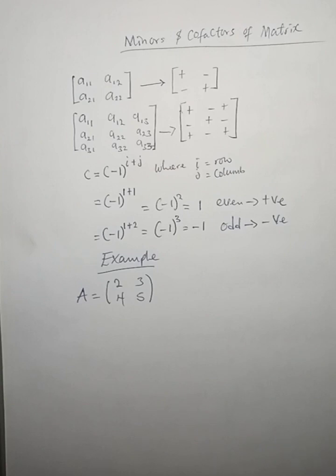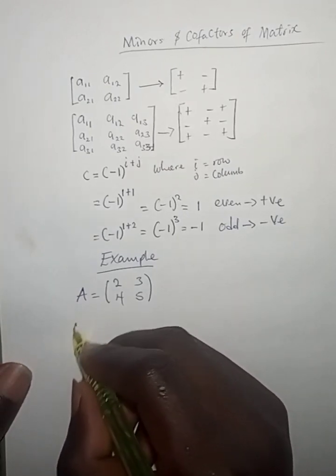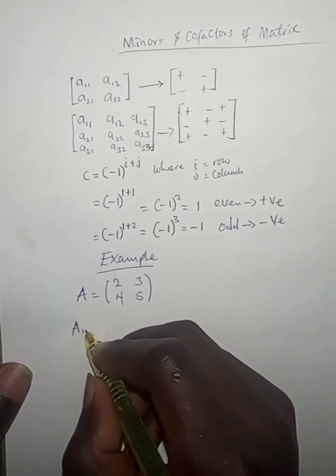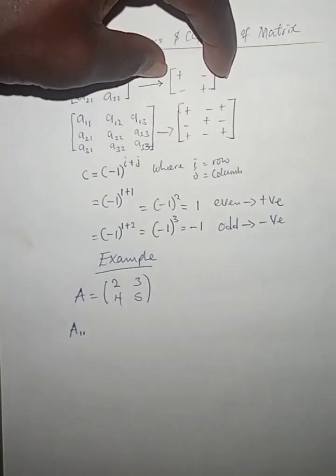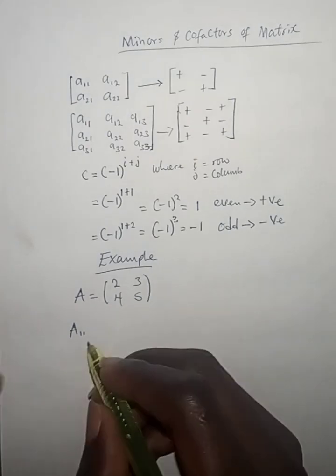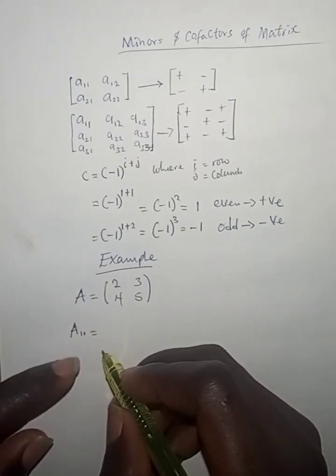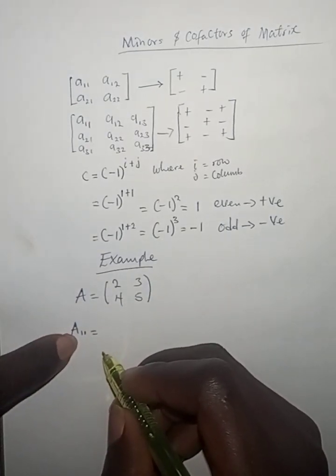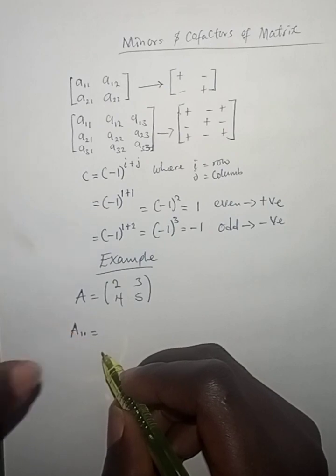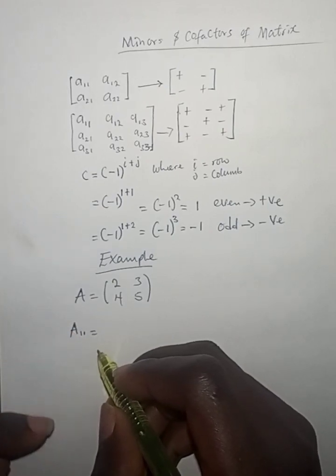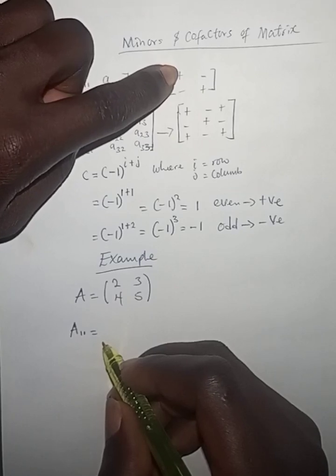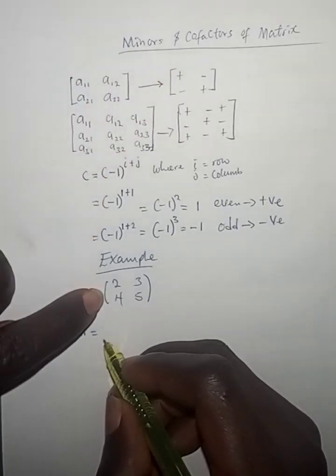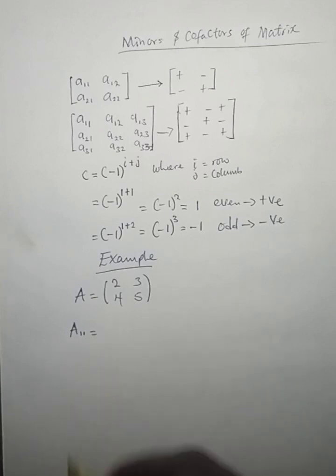The cofactor will pick each minor, then multiply it by the sign here for the 2 by 2. So for the first minor, in the first row, first column, the sign will be plus.